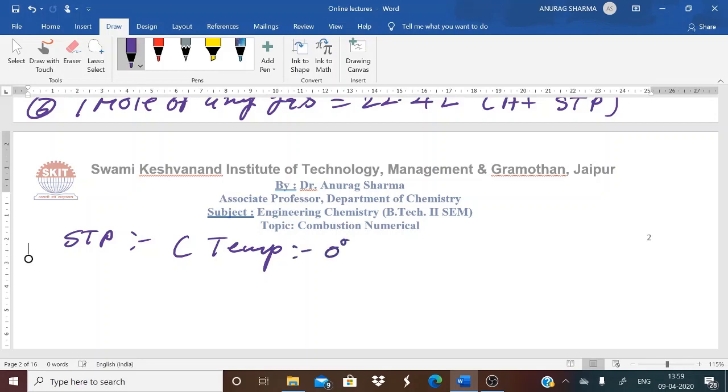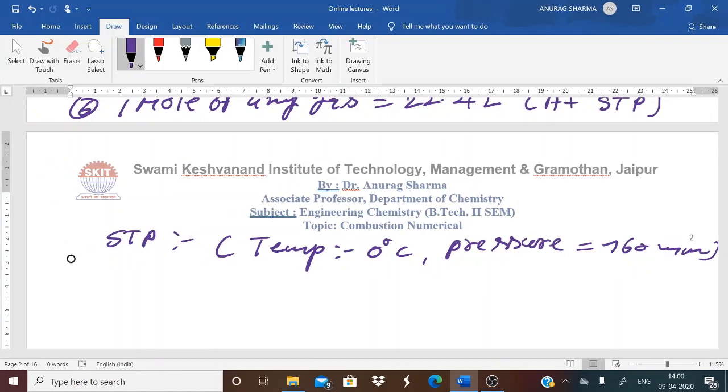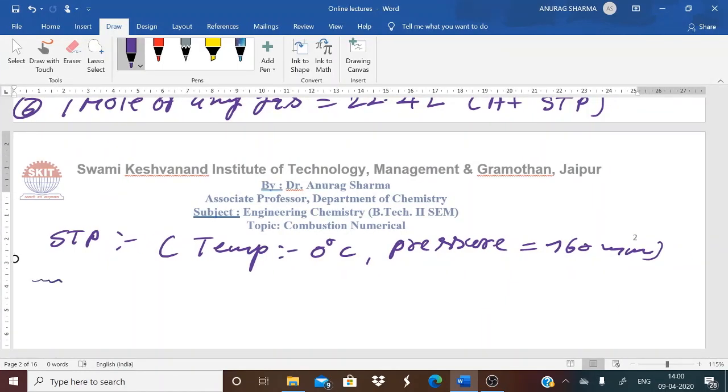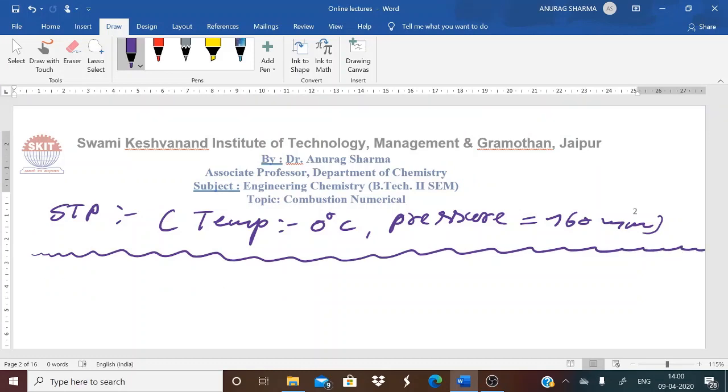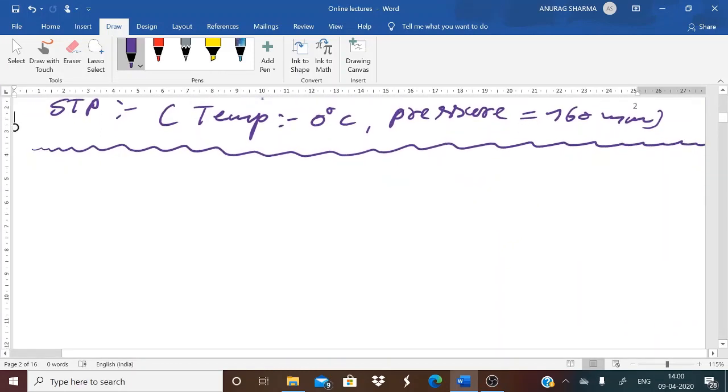Standard temperature is 0 degree and pressure is 760 mm. These points are very important and we should always remember them when we solve the numericals.